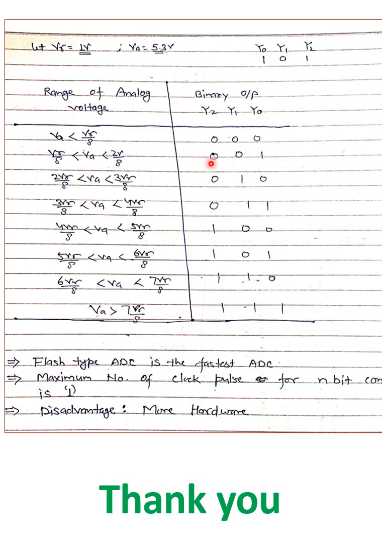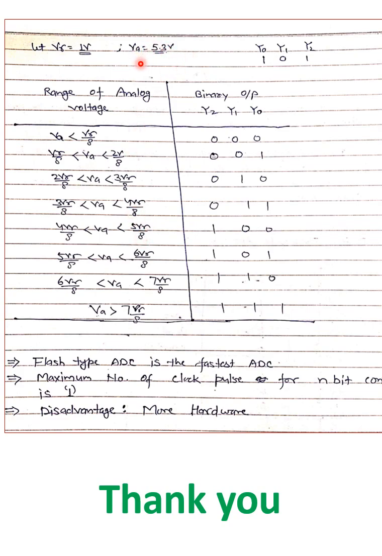Similarly, when the applied voltage is in the range of VR by 8 to 2 VR by 8, then the last comparator output is 1, and according to this combination the binary output of the priority encoder is given by 0 0 1.